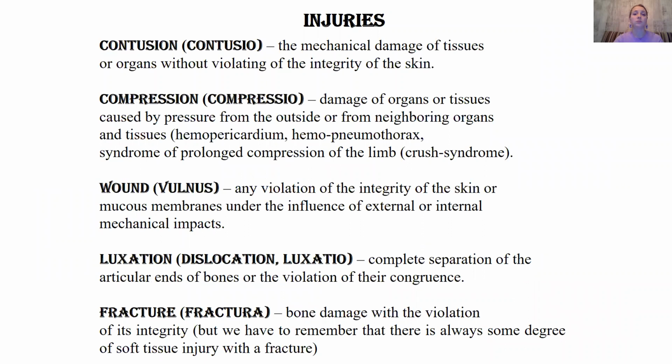What about the terminology? We need to know some types of injuries. Contusion, what does it mean? Mechanical damage of tissue or organ without violation of the integrity of the skin. Compression is damage of an organ or tissue caused by pressure from the outside or from neighboring organs and tissue, like hemopericardium, hemopneumothorax, or syndrome of prolonged compression of the limb.